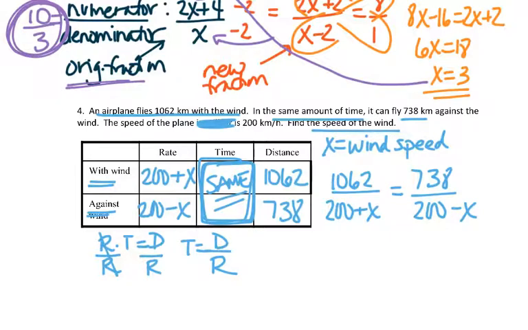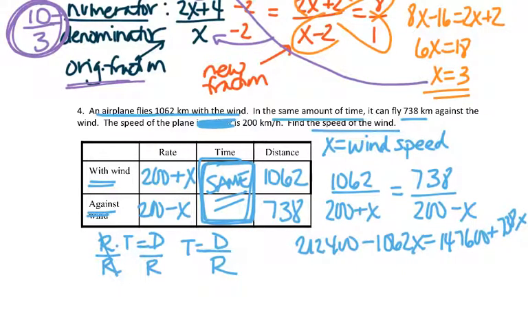So if we cross multiply here, 1062 times 200, we get some big numbers here, 212,400 minus 1062x equals 738 times 200, 147,600, plus 738x.